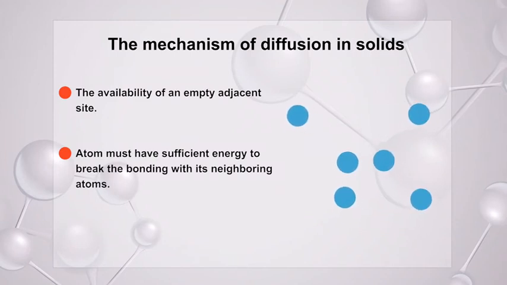Due to this, the displacement of an atom can cause some lattice distortion. Even at room temperature, a small fraction of atoms is capable of moving around, because the magnitude of the vibrational energy is sufficient to break the bonding. More importantly, this fraction increases with the increase in temperature.